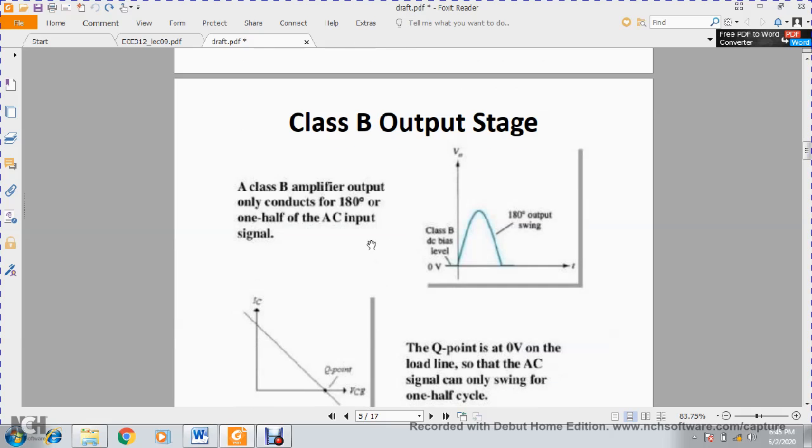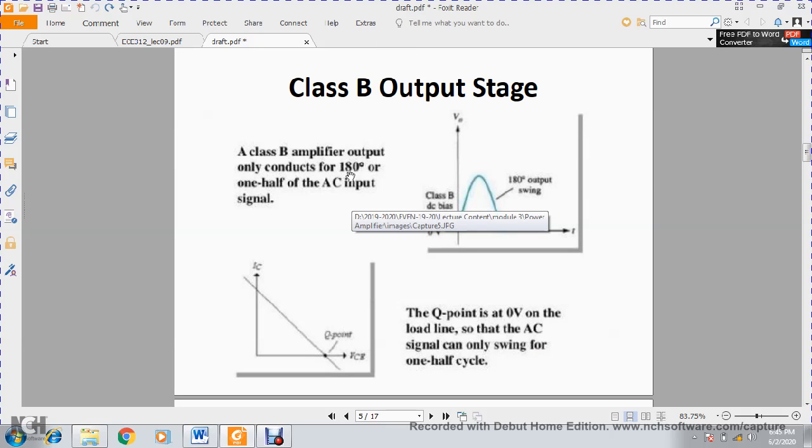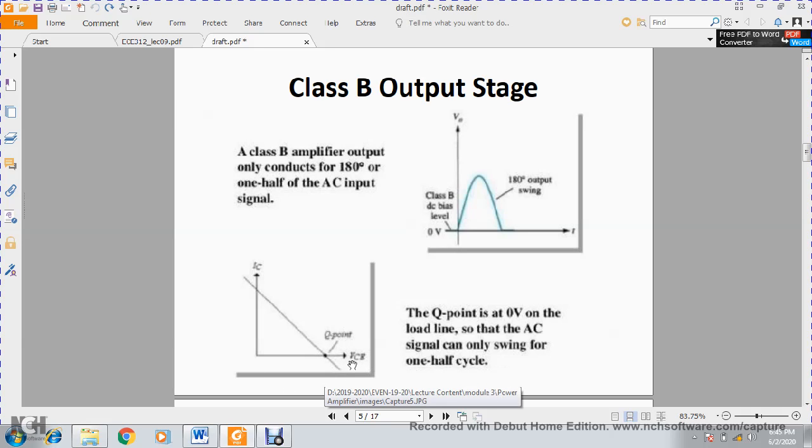So class B, as we discussed earlier, gives you 180-degree output. Why? Because you can see the Q point is placed at the cutoff, not in the middle. Now this is the baseline for the input, right? If you apply any input signal here, you get only one cycle of the output. For the other cycle, the transistor will be in the off condition.